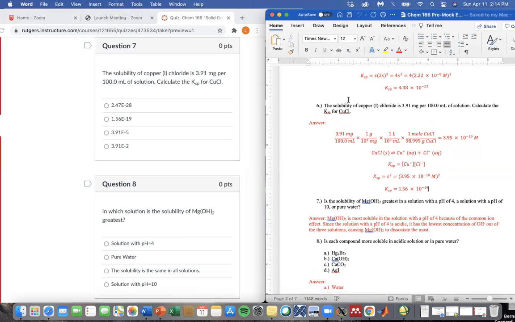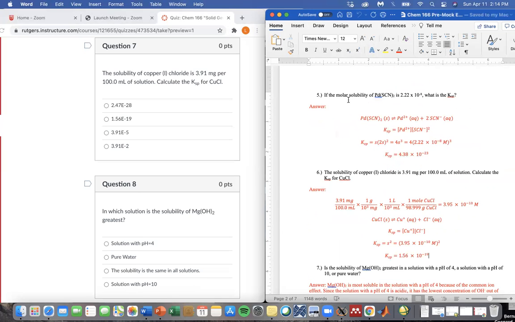That might seem confusing, because it gives you the solubility in milligrams per milliliter, but really you just have to convert it. Up here, it gives you the molar solubility in terms of molarity. This time it gave it to you in terms of grams per milliliters of solution. You've done it a million times: when you get something in grams over milliliters of solution, you just convert it into molarity, which is the exact same thing you have to do here.